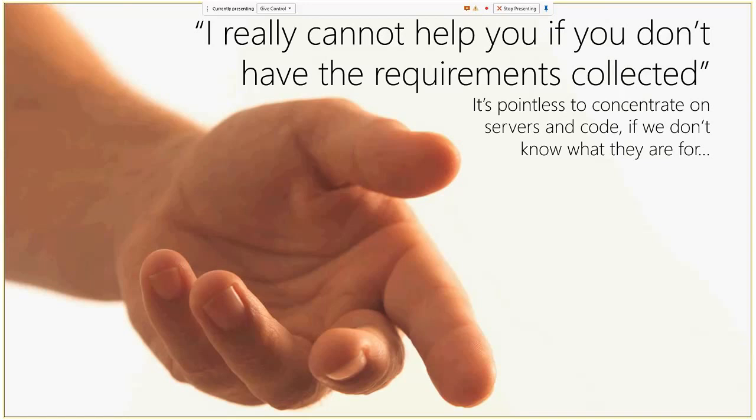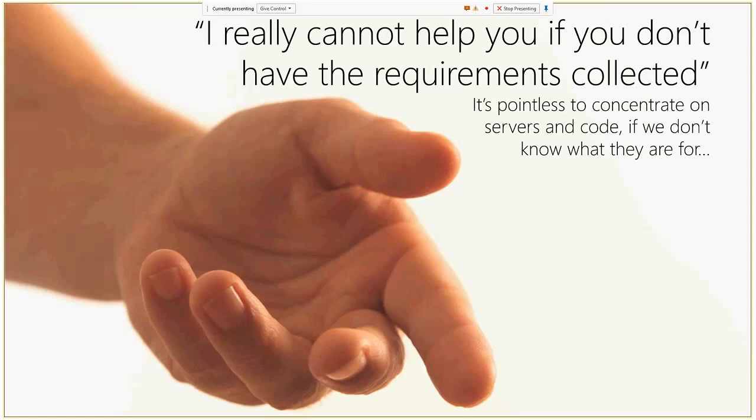We rather should go back and ask, so what is it actually used for? Do we have the requirements collected or not? If we don't understand the requirements and the business functionality we're trying to solve, we might do the conversion right, but then it's not matching what the customer was looking for.